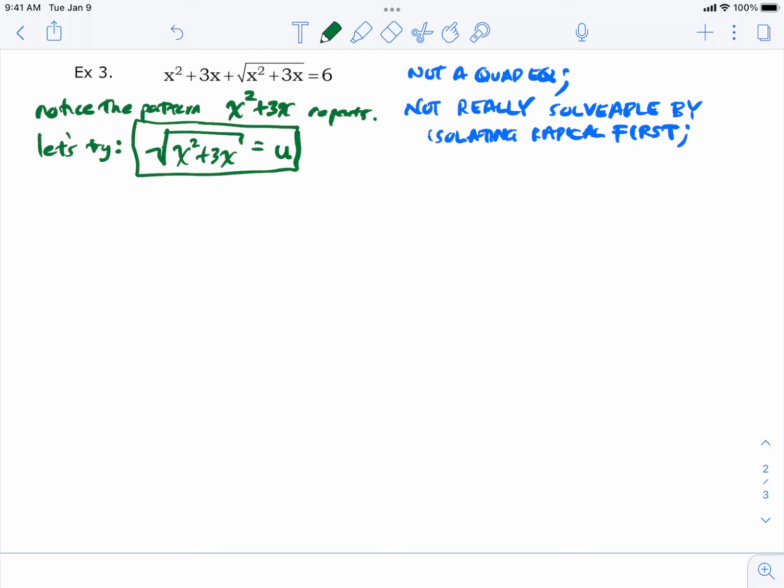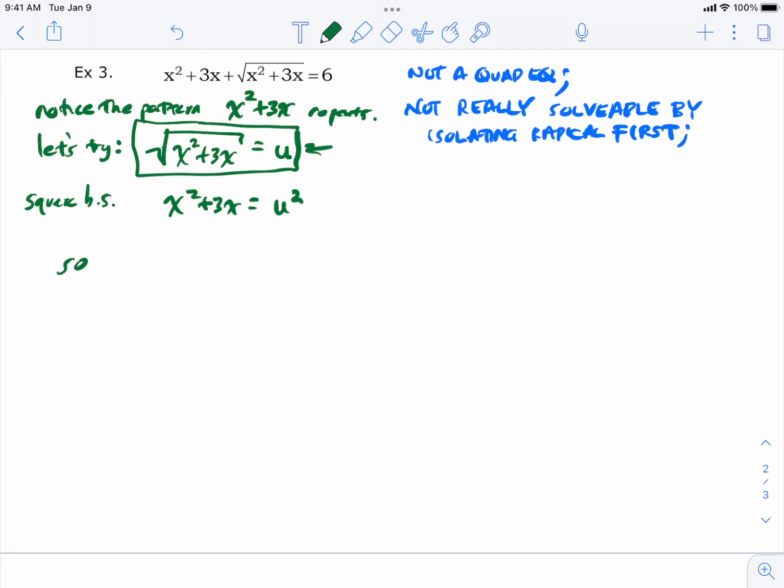Well, notice that if I square both sides, the left side would become this, and the right side would become this, right? This is kind of what you're trying to get at here, right? So I suppose I don't need a box for that, but if I let u be this part, the square root of x squared plus 3x, then this part becomes the square of u, and that's awfully convenient.